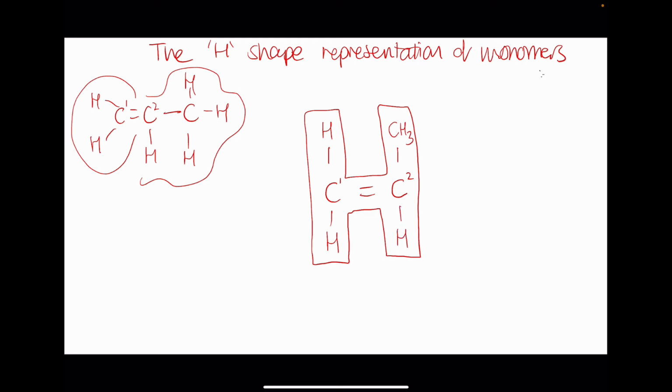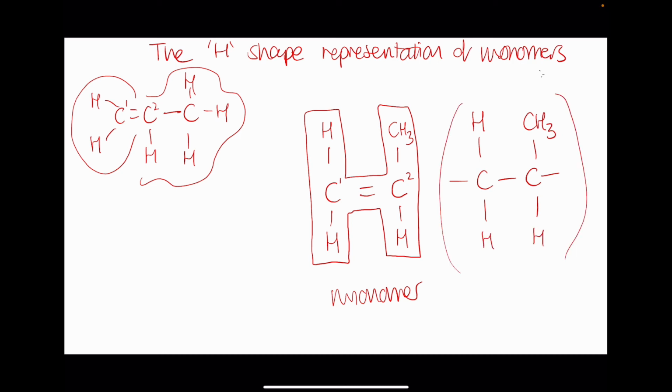And now that we've drawn it in this H shape, okay, that's the monomer, then we can easily draw its repeating unit. Okay, so it's just very similar, except instead of the double bond, we have a single bond and these hanging bonds. And it's convention to put these brackets around it again to show that this is not a molecule that exists by itself. It's part of something larger. Okay, it's the repeating unit.